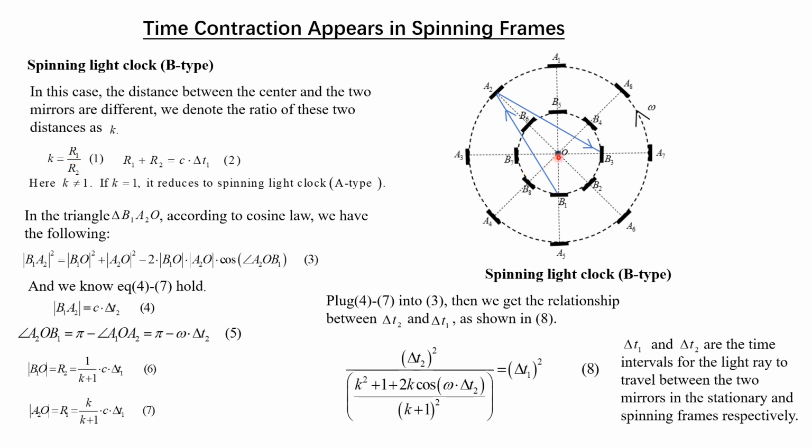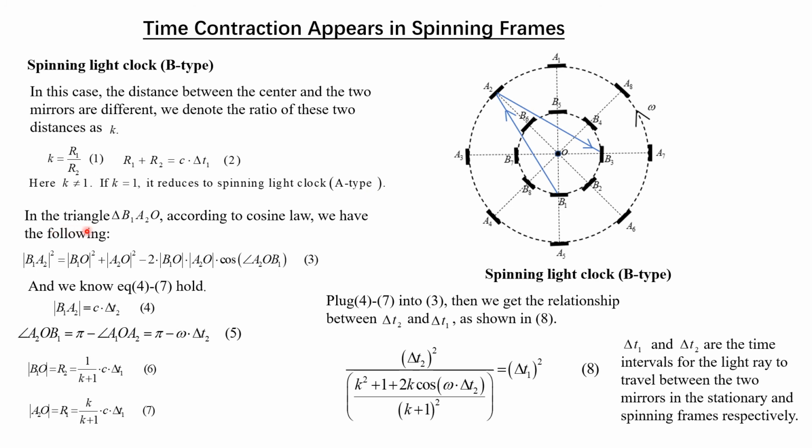R1 is equal to OA1 and R2 is equal to OB1. And we know that R1 plus R2 equals C times delta T1. Delta T1 is the time interval in the stationary frame. And we know k is not equal to 1 here. If k is equal to 1, it reduces to the A-type spinning light clock, not the B-type.